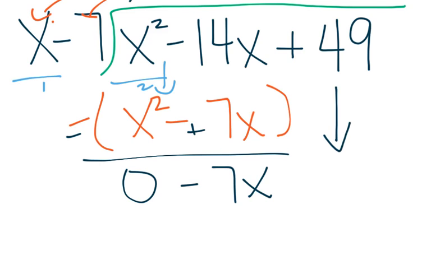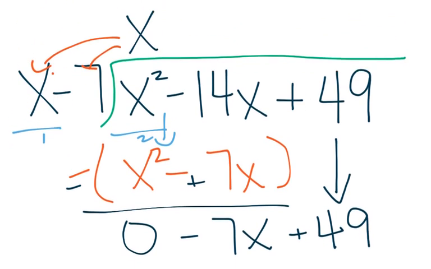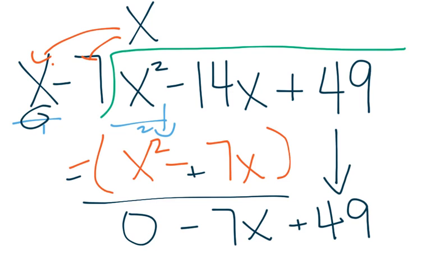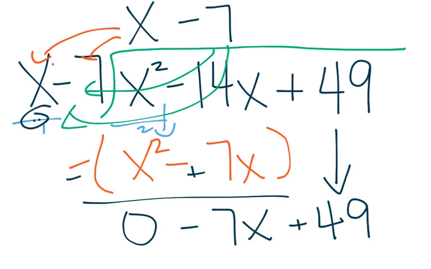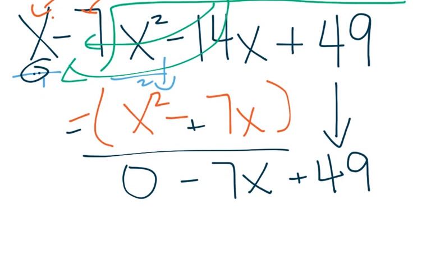So x squared minus x squared is just 0, and negative 14x minus negative 7x, that means we're really adding them, so this is going to be negative 7x. Now we're going to carry down this 49. So now we're going to see how many times this x can go into this negative 7x. So negative 7x divided by x is negative 7. And so now, once again, we are going to multiply each of these by this negative 7. So negative 7 times x is negative 7x.